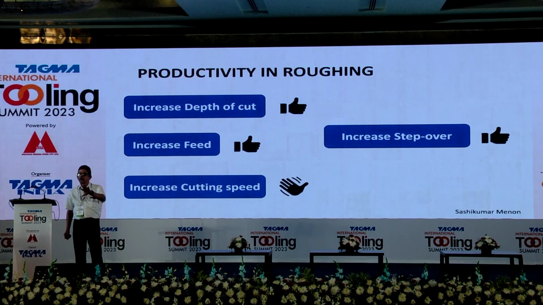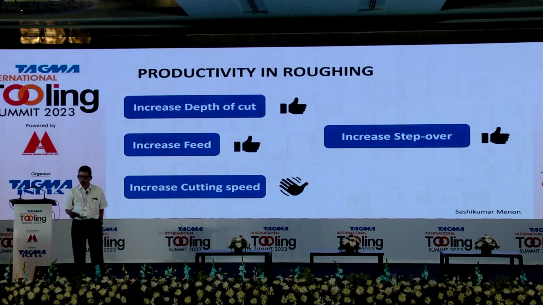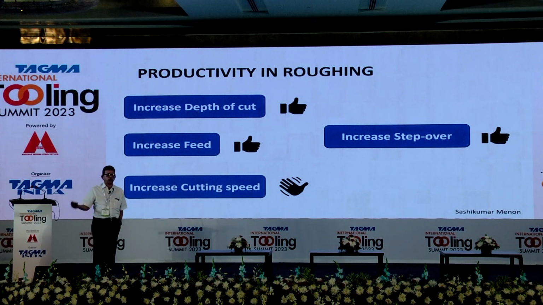So cutting speeds, yes, you can increase, but not too much. You have to check that. With this, you can increase productivity in roughing: the depth of cut, the feed, the step over, and the cutting speed if you want.